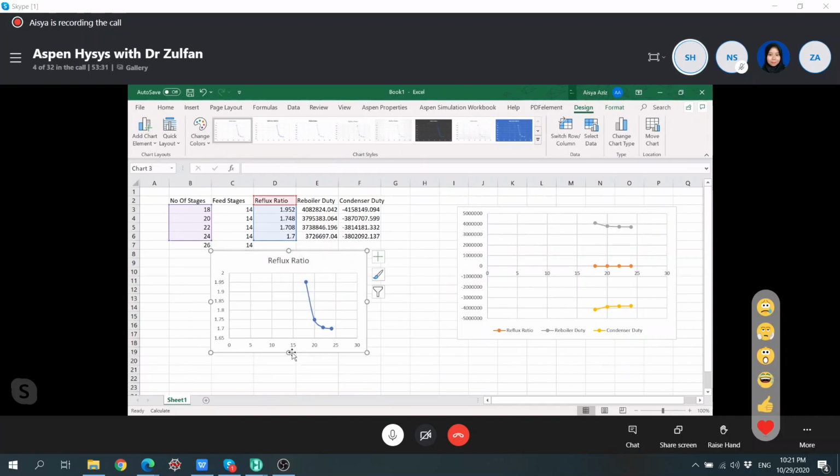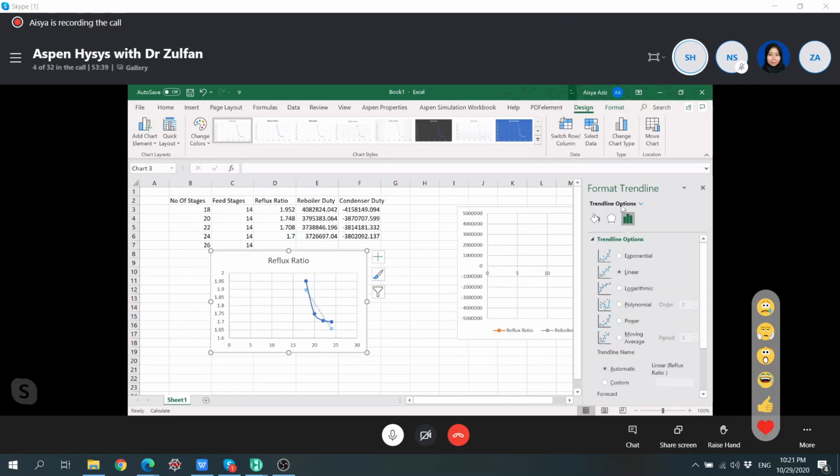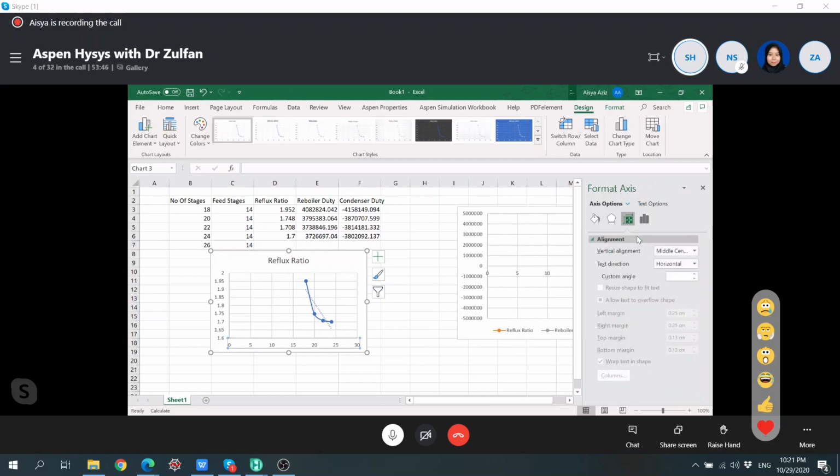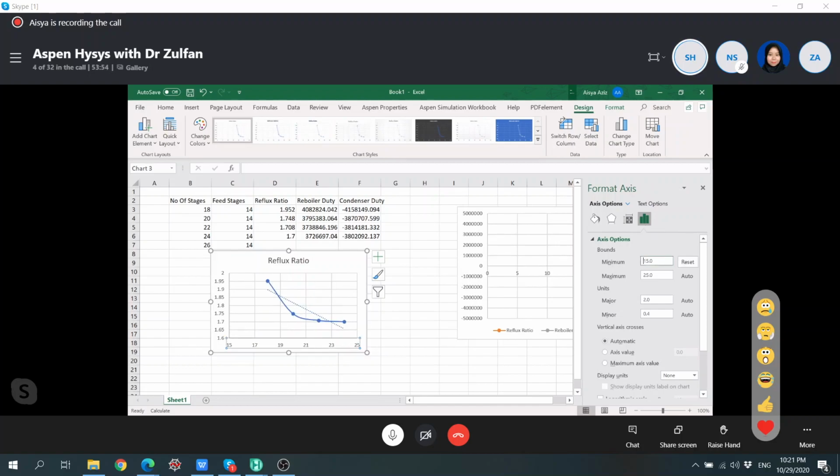And then we have the numbers, this half a million kilojoule per hour, and you can change it to kilojoule per second, right? Typically steam condensing is 2000 kilojoule per kilogram. So kilojoule per second divided by kilojoule per kilogram, we get the kilogram per second of steam.